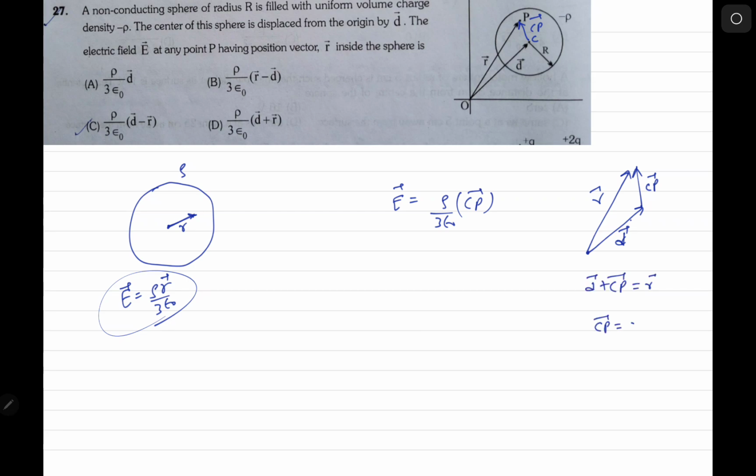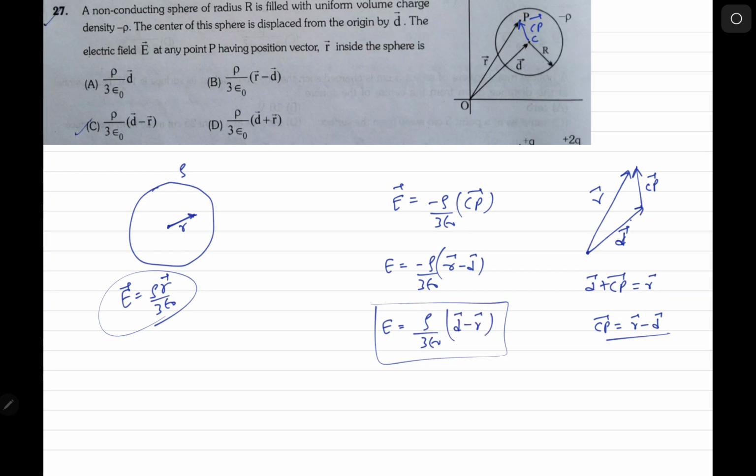So CP vector is r minus d vector, which we substitute here. The electric field is rho, which is negative, so minus sign, by 3 epsilon naught, times CP vector, r minus d vector. If you take the minus sign into the bracket, it is rho by 3 epsilon naught, d vector minus r vector. So option 3 is the answer here. That's it. Hope you understood this question. Let's move to the next question.